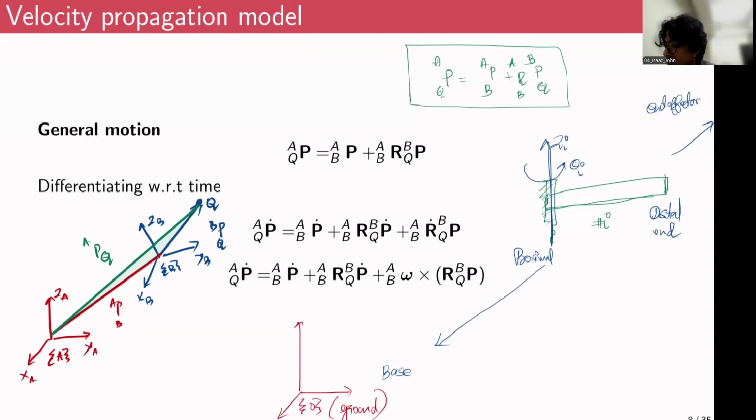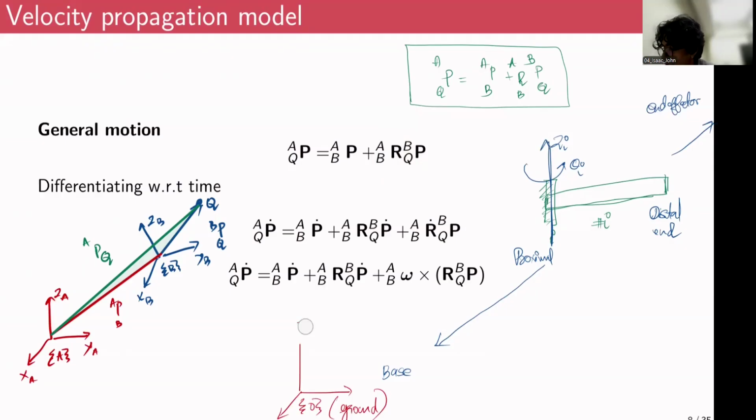So it's always easy to refer a link's individual attribute with respect to its own local frame of reference. That's why we are expressing everything with respect to the local frame first. Then using the rotation matrices, we are bringing it back to the ground frame of reference.